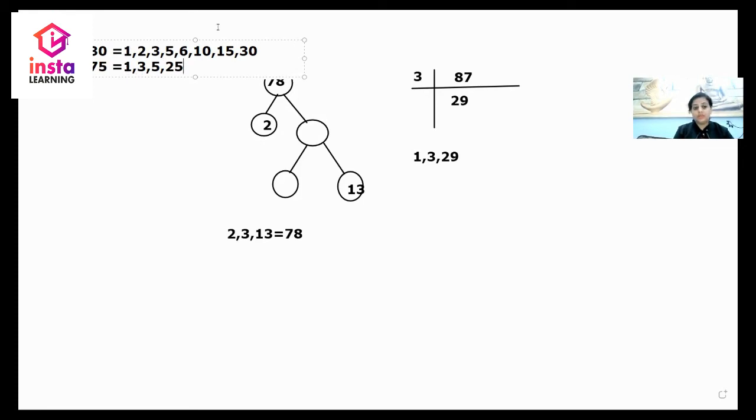So the common factors are 1, 3 and then 5. These are the common factors of these numbers 30 and 75.